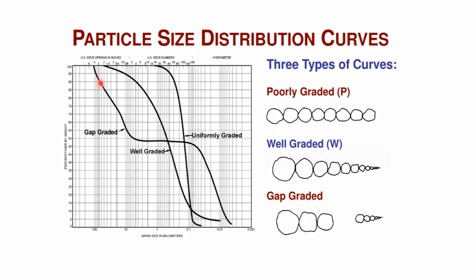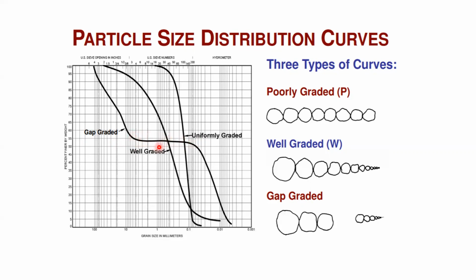For gap graded, we shall get some points here, some points here, and again some points here and here. But in between, you can see a horizontal line. In case of gap graded, this may be completely vacant. We have drawn it as a solid line, but it will be completely vacant.